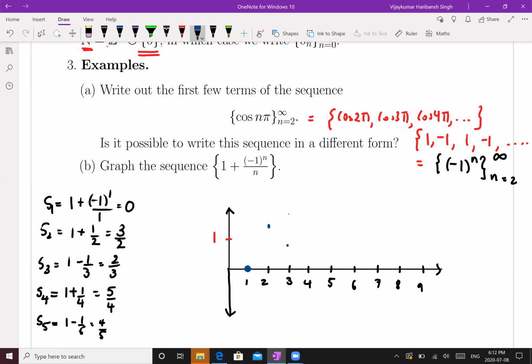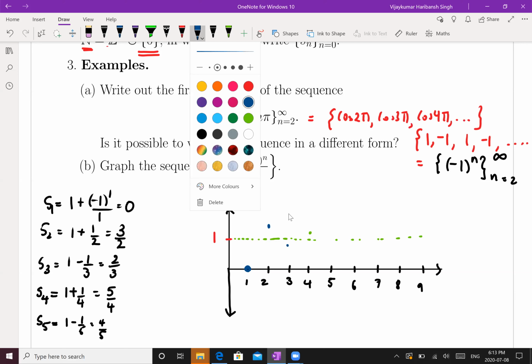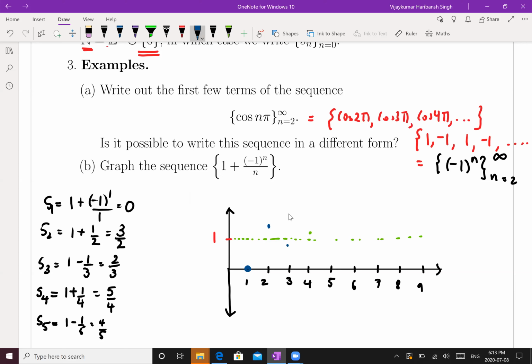I'm going to draw 1 with a dotted line to keep it visible in my mind, because the values are moving around 1. At 4, the value is 5 by 4. At 5, the value is 4 by 5.